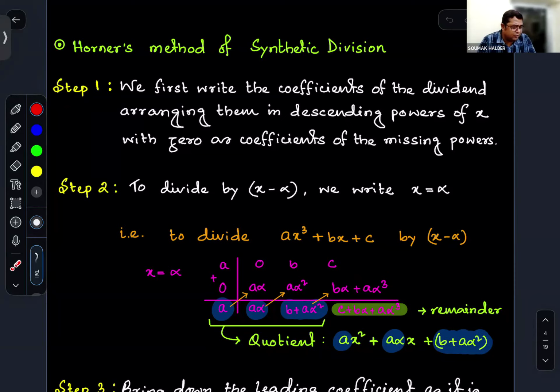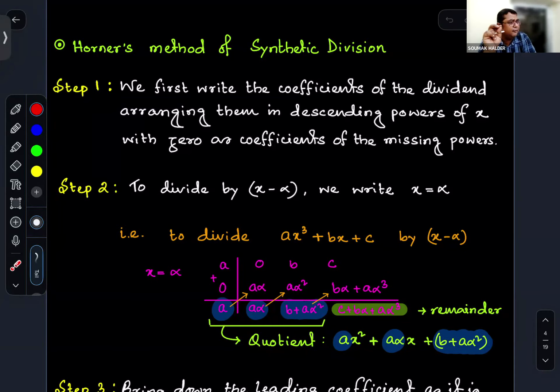So it is a particular mechanism which is asking you whatever is the carry total from a column, multiply that by alpha when x minus alpha is your divisor. So we are multiplying it with alpha and the product is written in the next column.